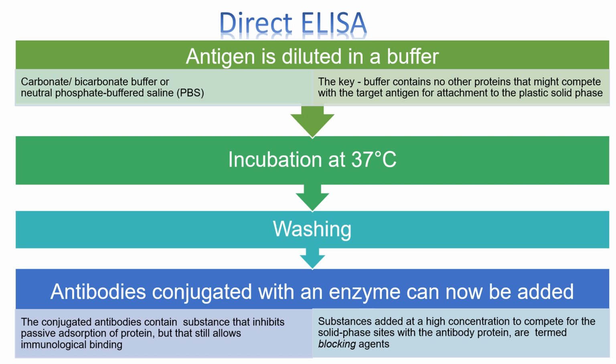Then we will incubate at 37 degrees followed by washing. Antibody conjugated with the enzyme can now be added. The conjugated antibody contains a substance that inhibits passive adsorption of protein but that still allows immunological binding. Substances added at a high concentration to compete for the solid phase site with the antibody protein are termed as the blocking agents.